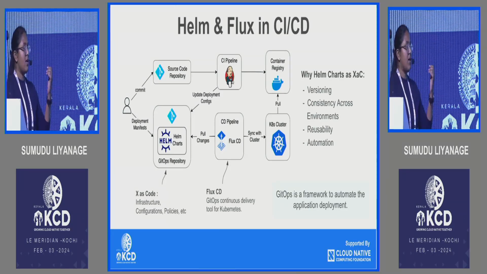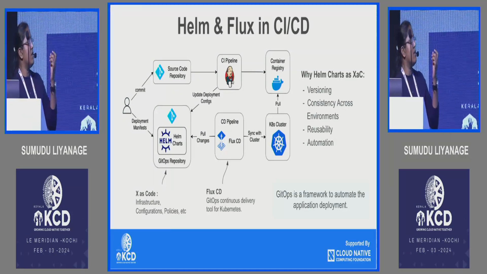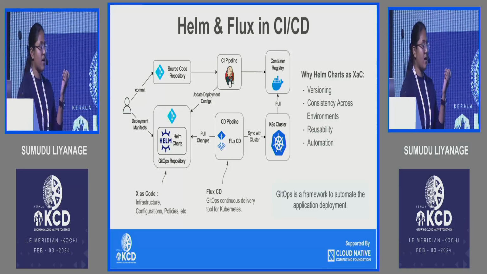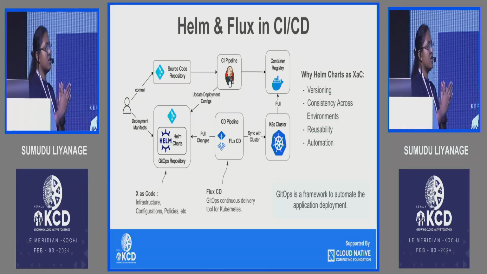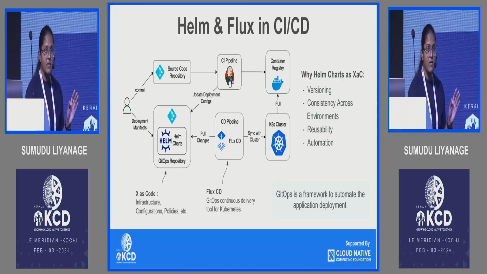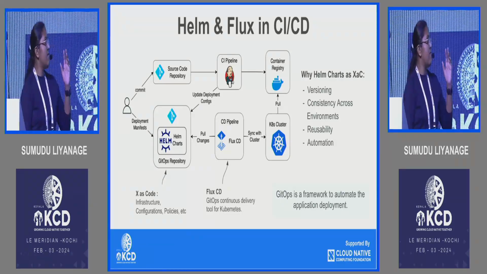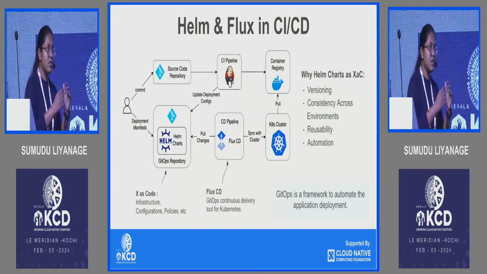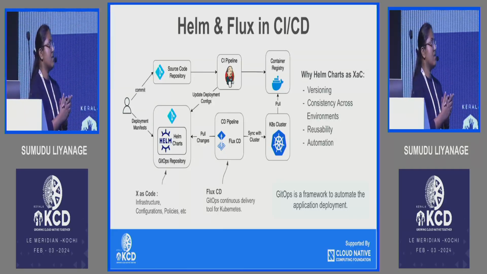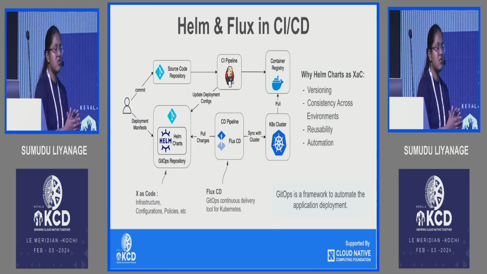Then CD tools come into the picture, like FluxCD. FluxCD is a GitOps continuous delivery tool for Kubernetes, just like Argo CD. They watch the GitOps repositories continuously and apply all the changes to the Kubernetes cluster.